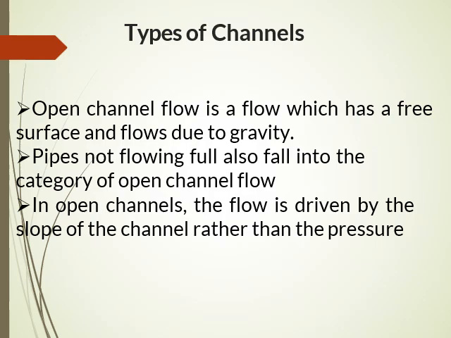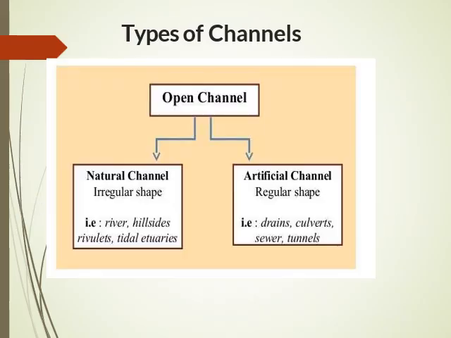Here gravity plays a predominant role rather than pressure. In pipe flow, external pressure is required to send the water from one end to the other end. So in open channel flow, gravity plays the predominant role, whereas in pipe flow, external pressure does.